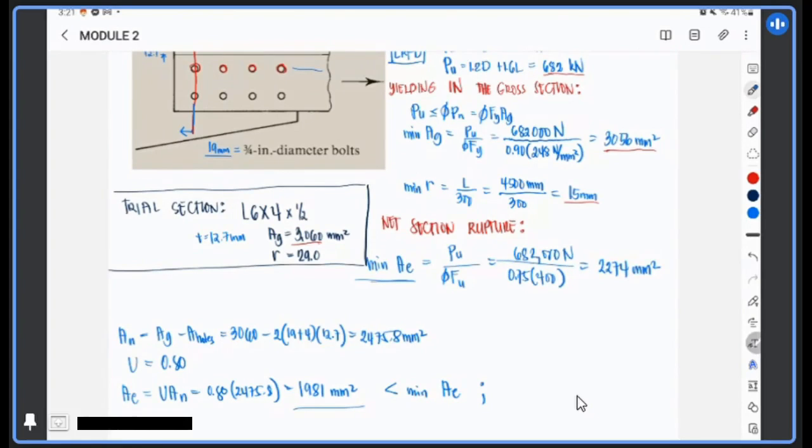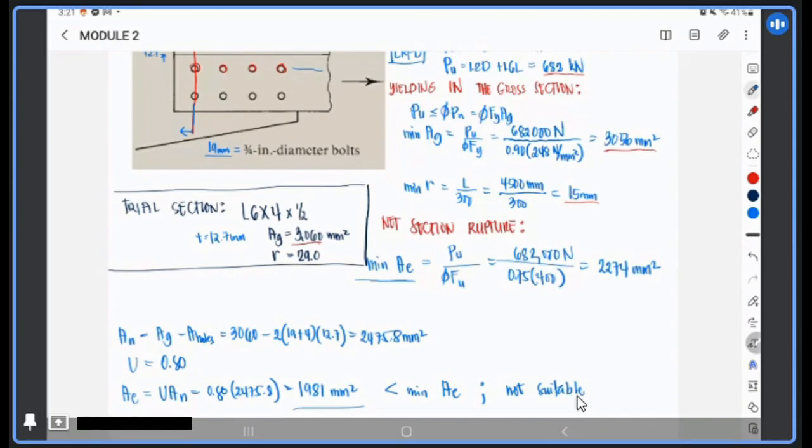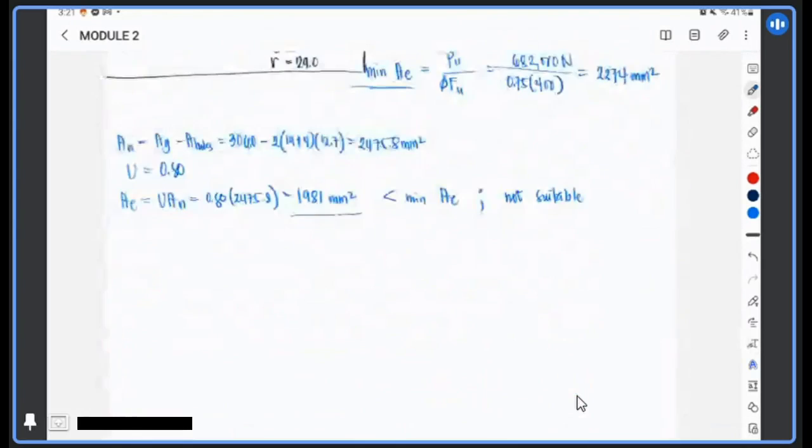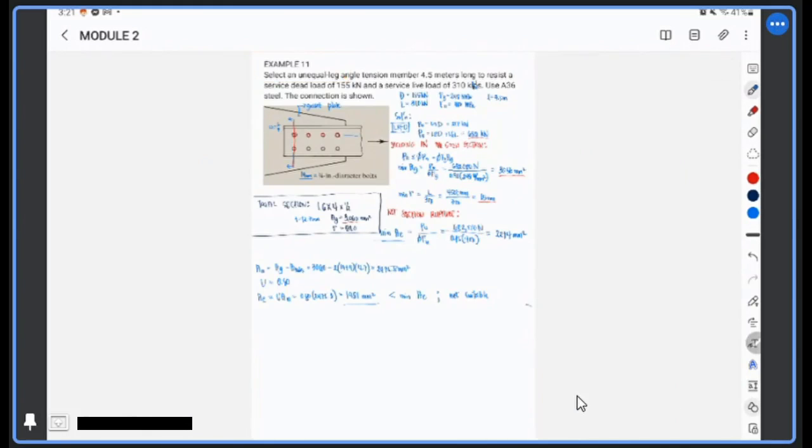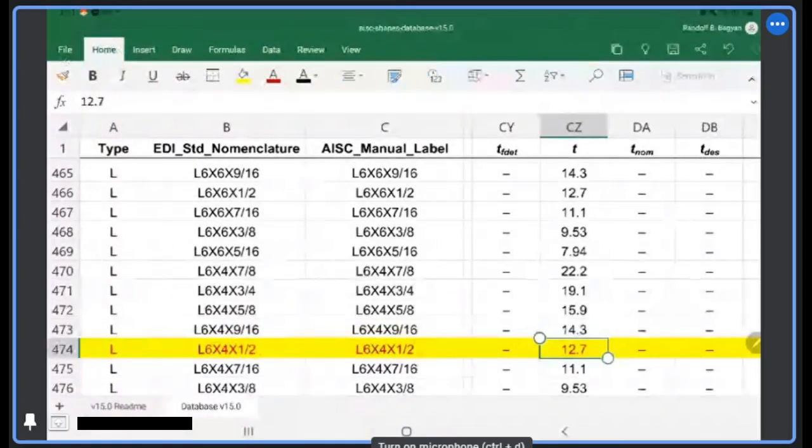So, lalagyan natin dito: not suitable. Okay, we again have to look for another trial section. Ganun lang yun guys. Hahanap ulit ng another trial section. Okay. So, yun.